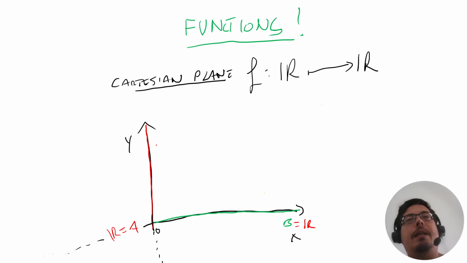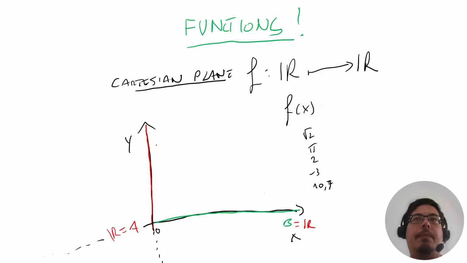So the function f of x, where x is a generic element of the real numbers, could be square root of 2, pi, 2, minus 3, 1.07, doesn't matter, any number you can put here.